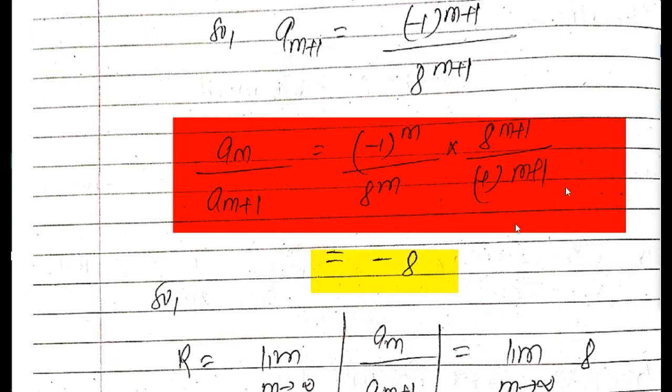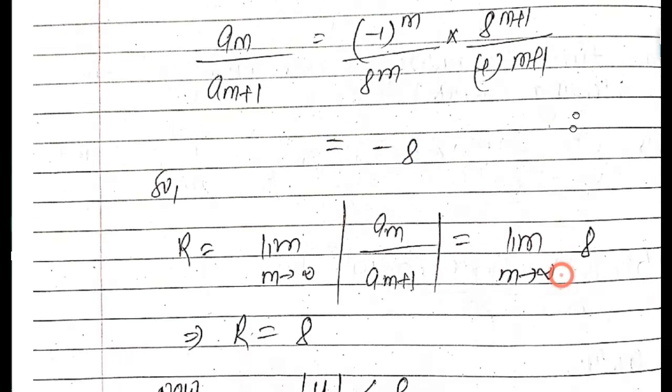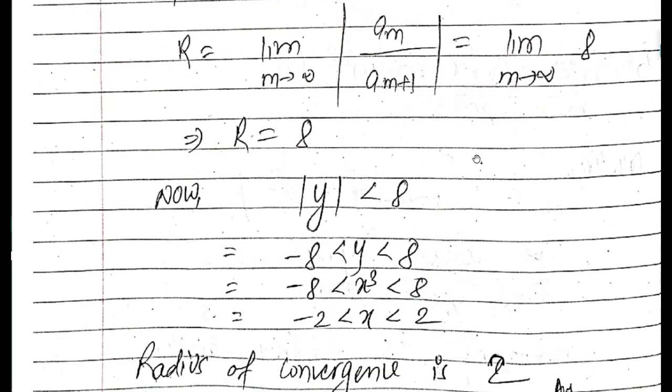Taking the limit, your final r will be 8, and then you have to find the range.